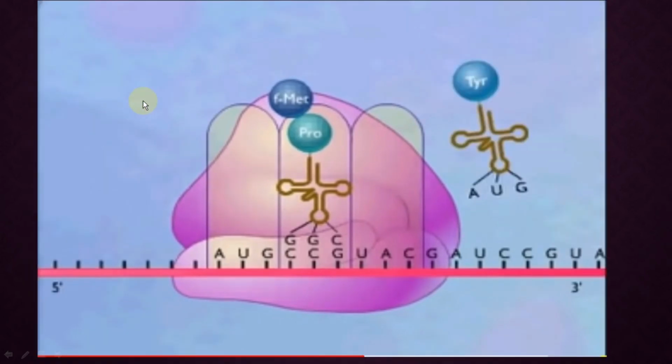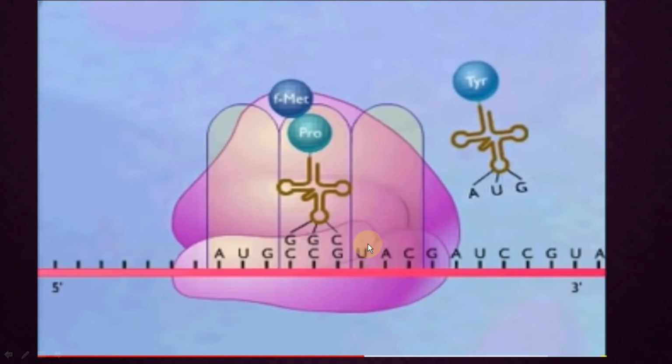Then what happens? See, another tRNA for the third codon. This is the first codon, this CCG is the second codon. As soon as the amino acid is left, the ribosome also moves a step ahead. Now the ribosome will move towards the third codon, that is UAC.